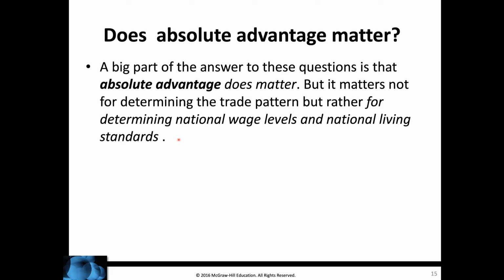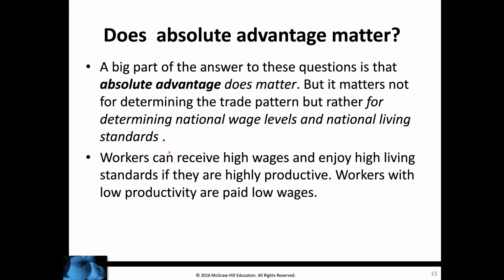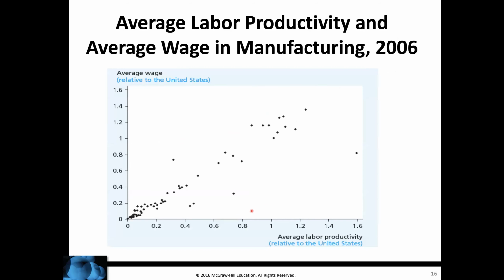So wage levels and living standards are determined by absolute advantage. Workers can receive high wages and enjoy high living standards if they are highly productive. Workers with low productivity are paid low wages.